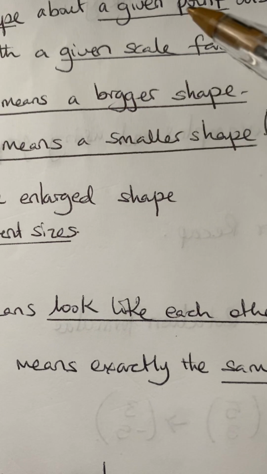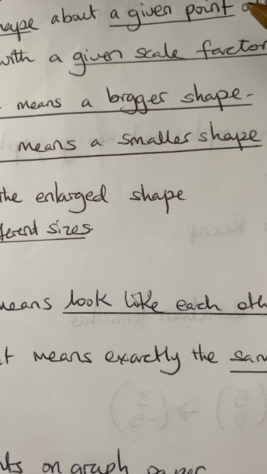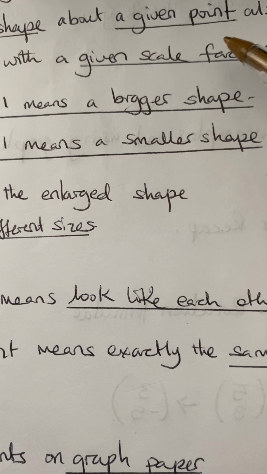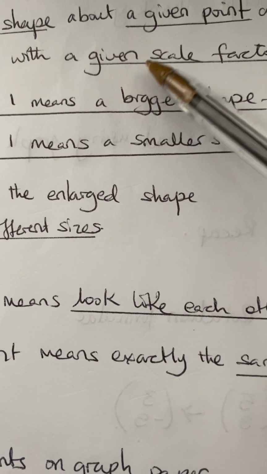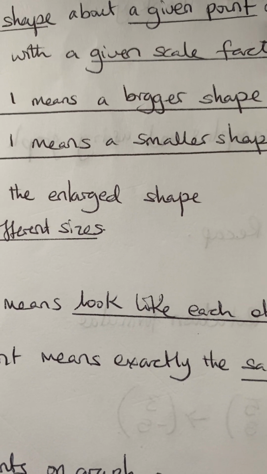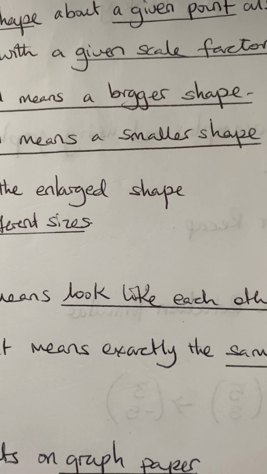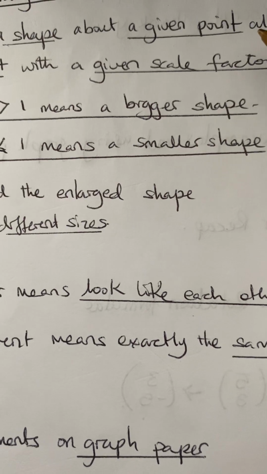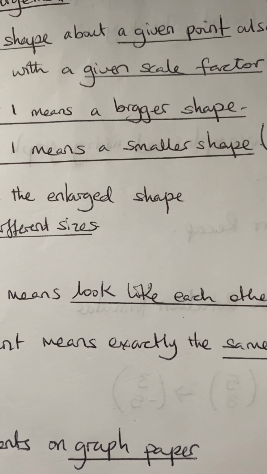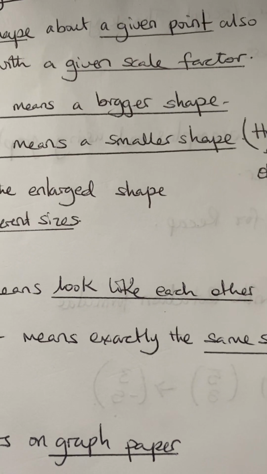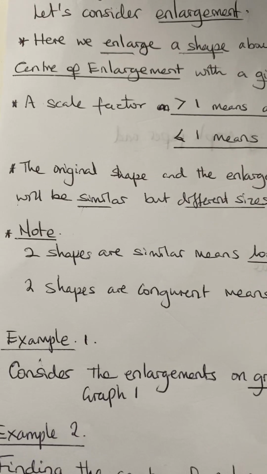So they'll give you a scale factor. They'll say enlarge this object times 2, or a scale factor of 2, or a scale factor of half. You can reduce it or increase it depending on the scale factor they gave you.